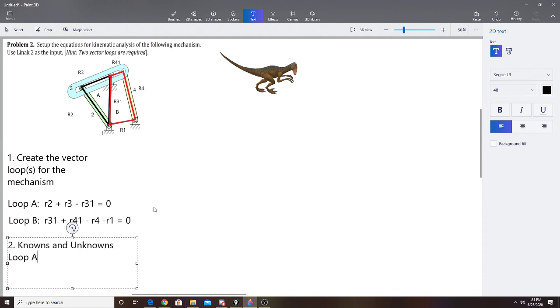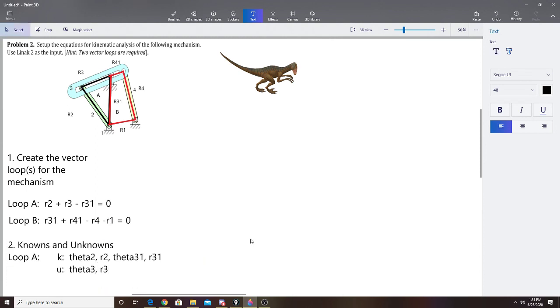So loop A. So we have theta 2, R2, theta 3-1, R3-1. And this is the K's and the U's, which is theta 3 and R3.